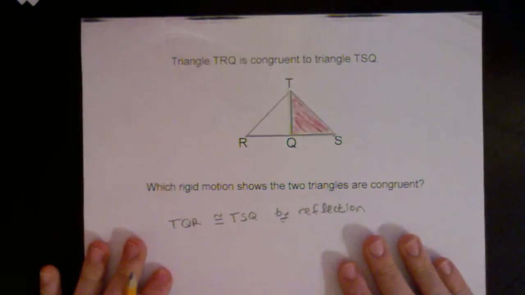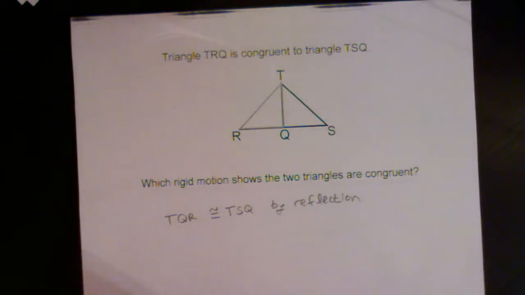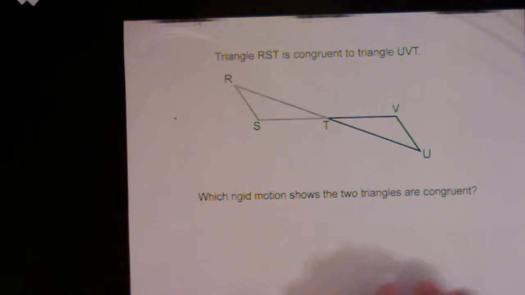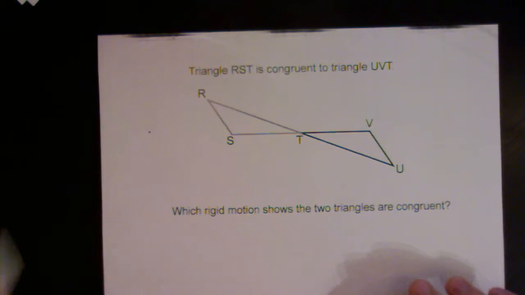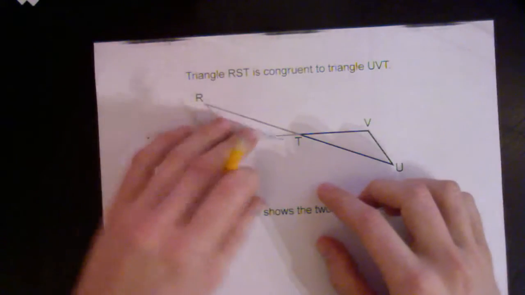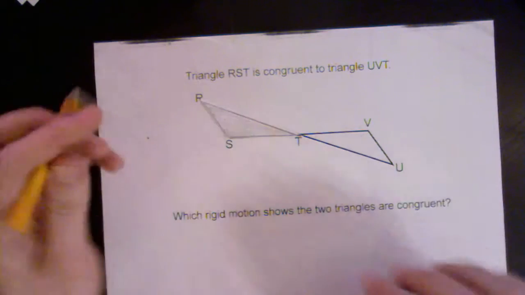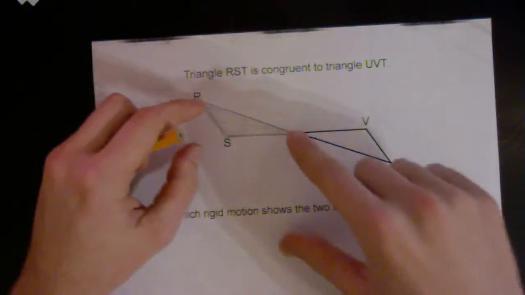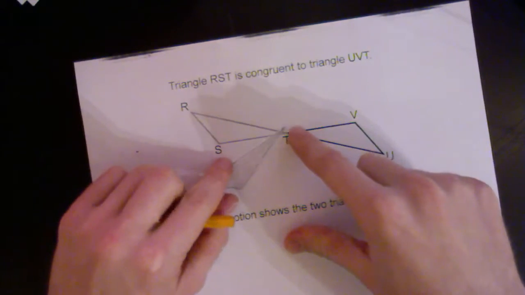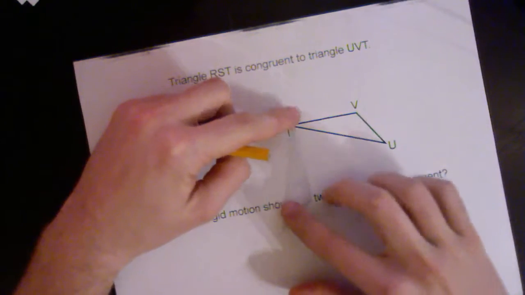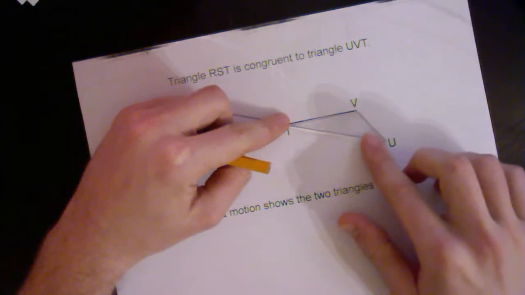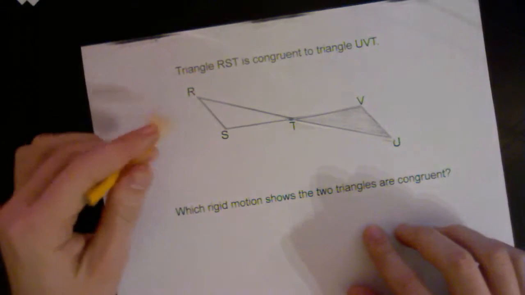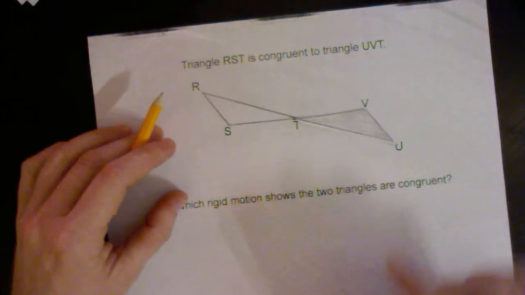All right, and there is one final type of rigid transformation that we know. That transformation is a rotation. If I take, let me make sure I'm placing this down right, if I take triangle RST and I rotate it around this point right here, I will be able to, let me keep turning this, map it directly onto UVT.